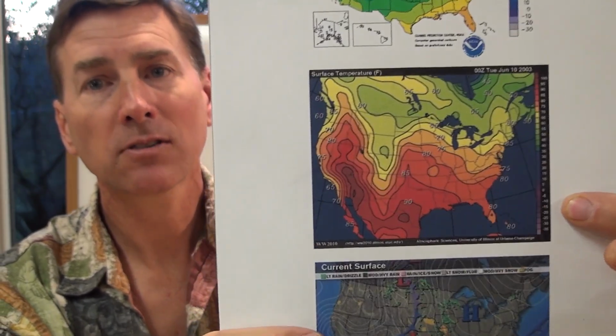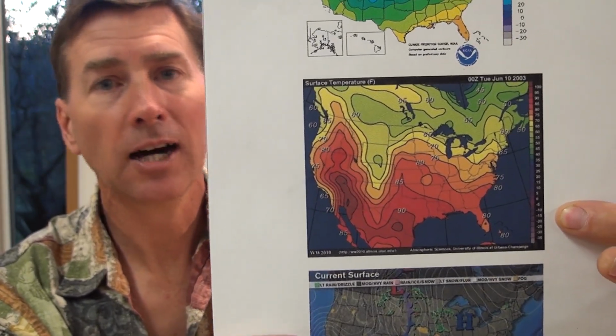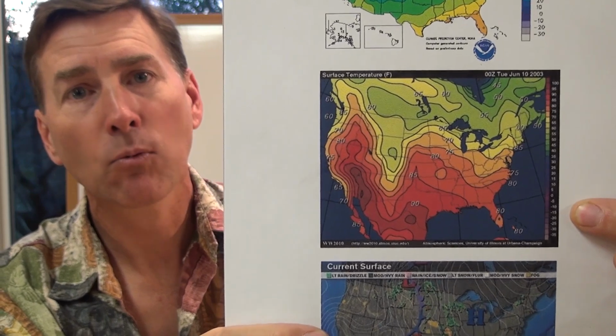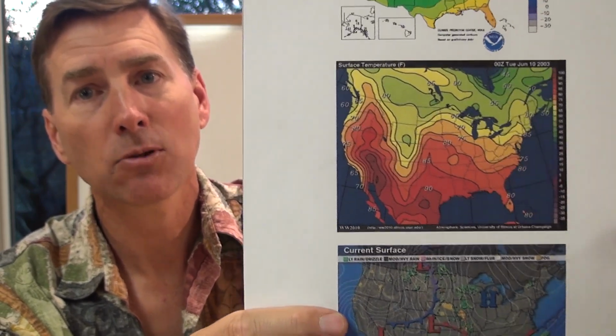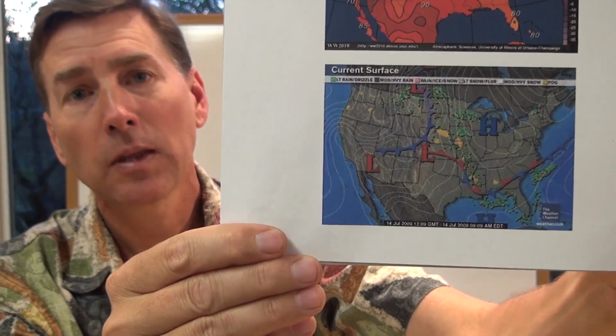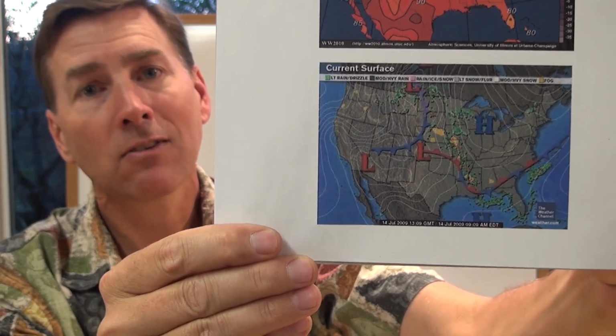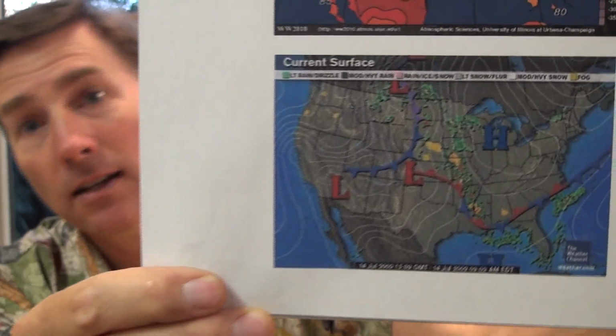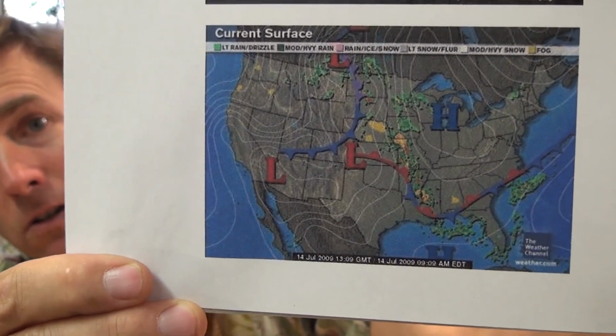And then right here in the middle, same kind of thing. You can tell just by the color of the map where it's hot, but notice there's a discrete line between each temperature isotherm. And then finally here at the bottom is actually a weather map you might see with a high and low pressure, and I'll zoom that in there a little closer.